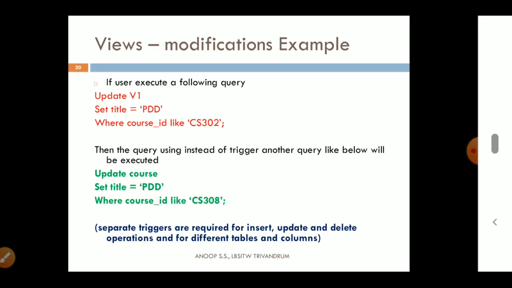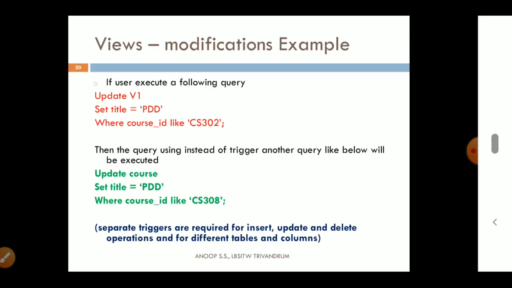The first one is the query written by the user, where he is trying to update the title of course ID CS302 to PDD in the view v1, but there is no table like v1. It's just a virtual table, a virtual view.